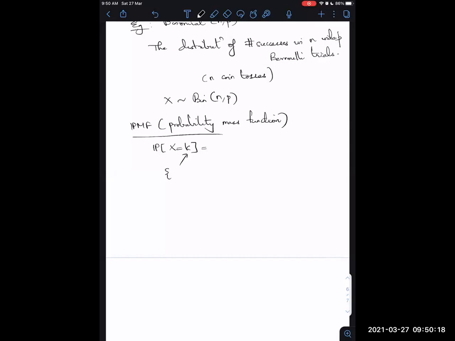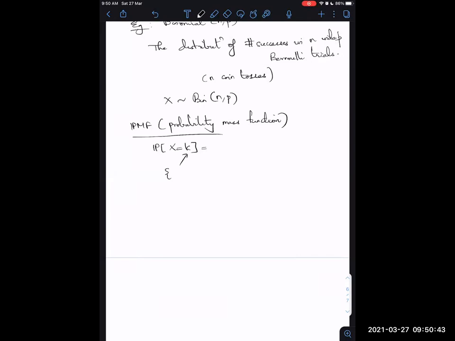Can someone please tell me what values k takes? So what is the definition of X? X is just the number of successes of n independent trials. So how many successes can there be? Maximum n.